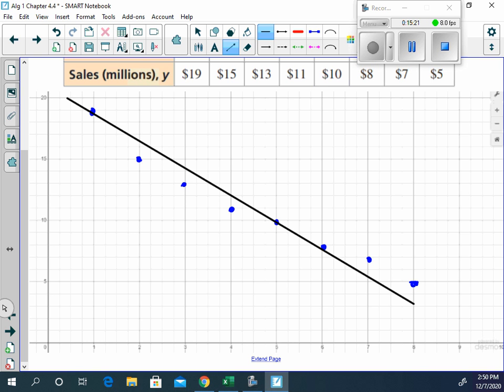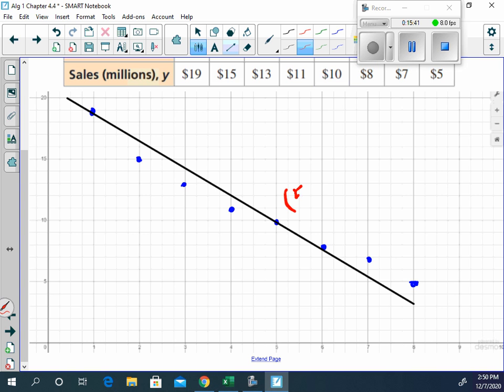So with this line here, we have about the same number above it as below it. Because how many do we have above the line? 3. How many do we have below it? 3.